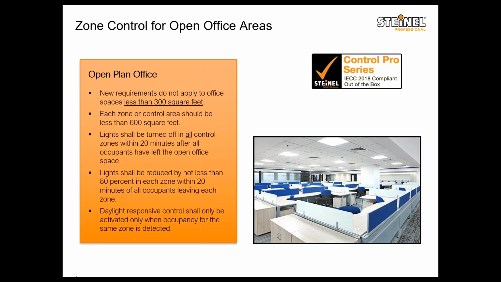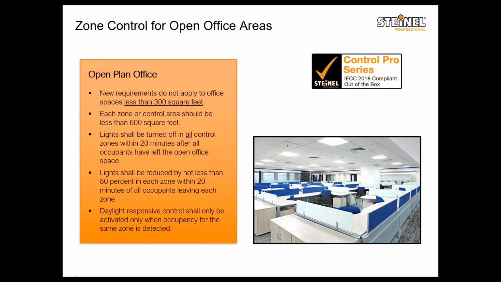So what does this mean in terms of your control strategy? To explain the second one first, each zone should be dimmed to 20% or less power, or be completely turned off, within 20 minutes of all occupants leaving that zone.